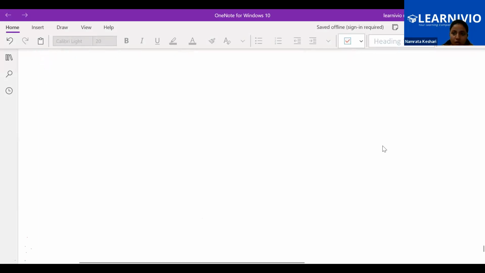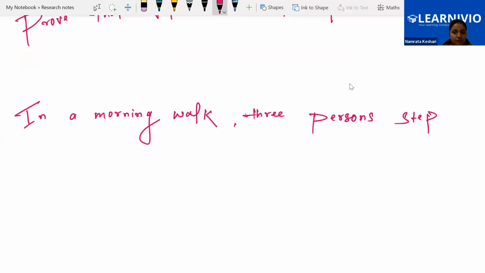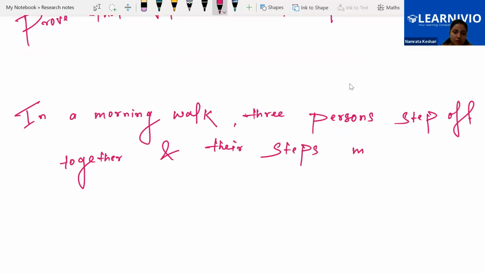The question is: in a morning walk, three persons step off together, and their steps measure 40 centimeter, 42 centimeter, and 45 centimeter.